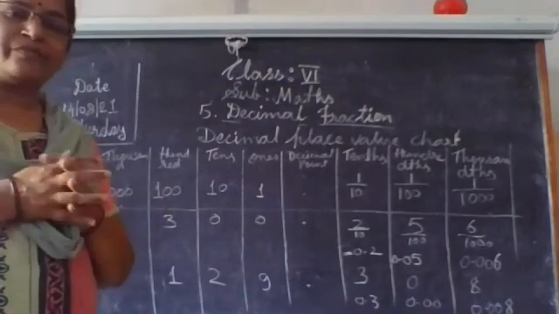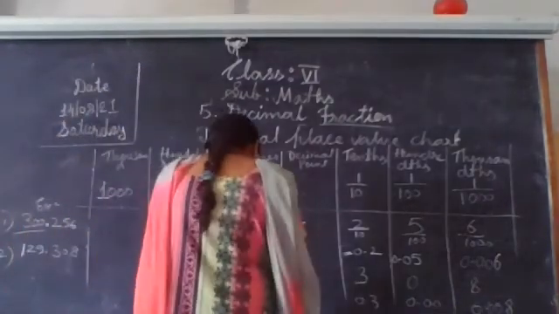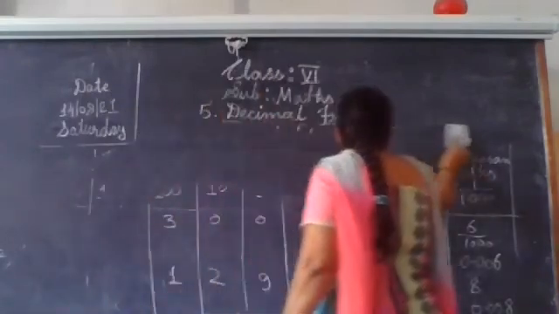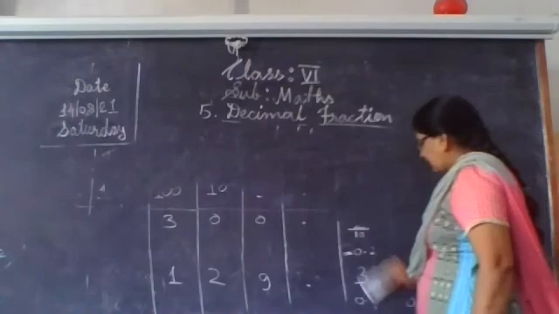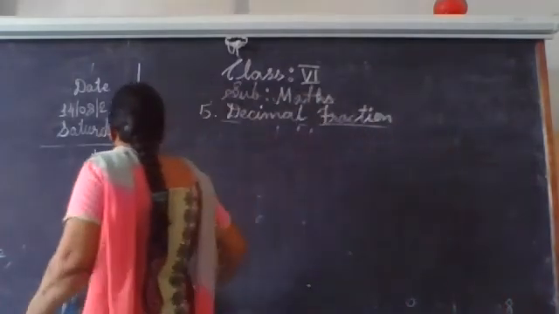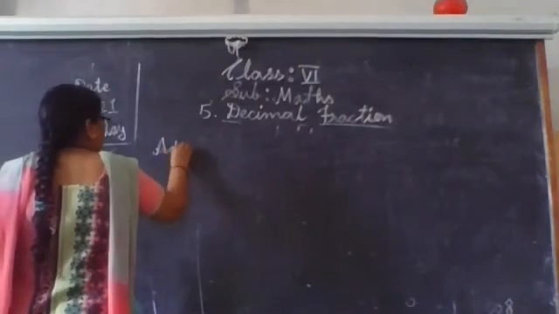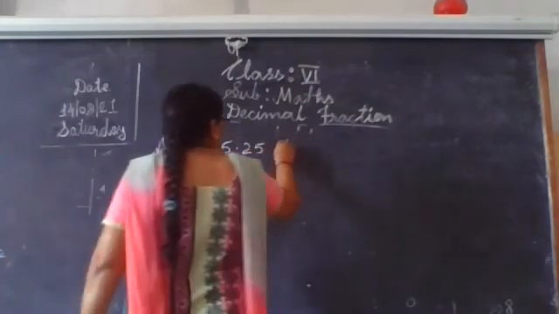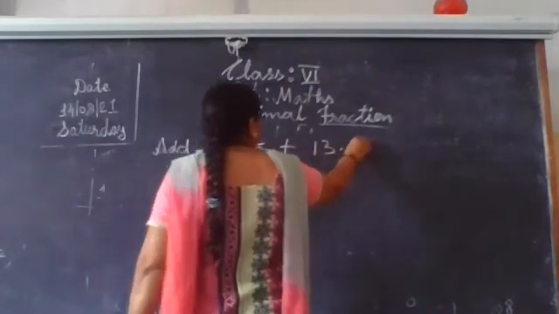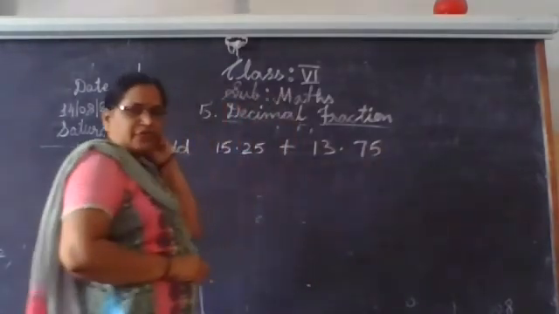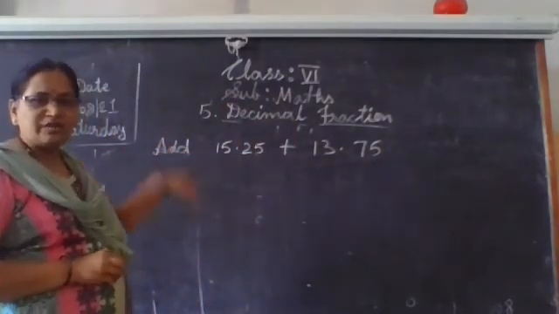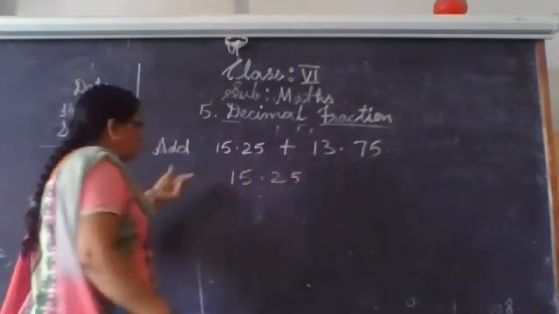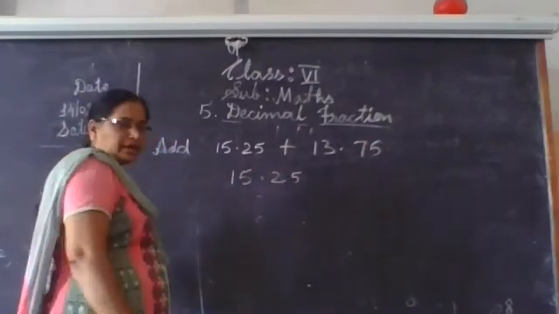Okay, and now listen, how to add decimal numbers or how to subtract. For example, add 15.25 and 13.75. So first you have to arrange them properly, vertically. So write down 15.25. So 15 is the whole number.